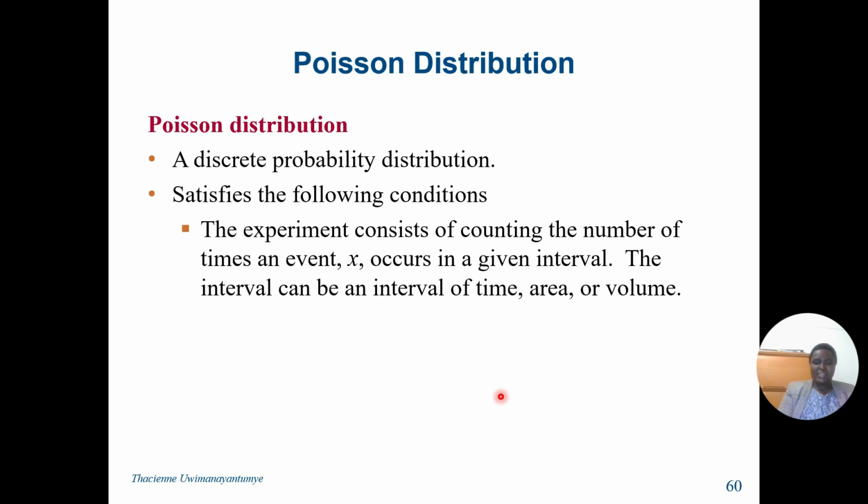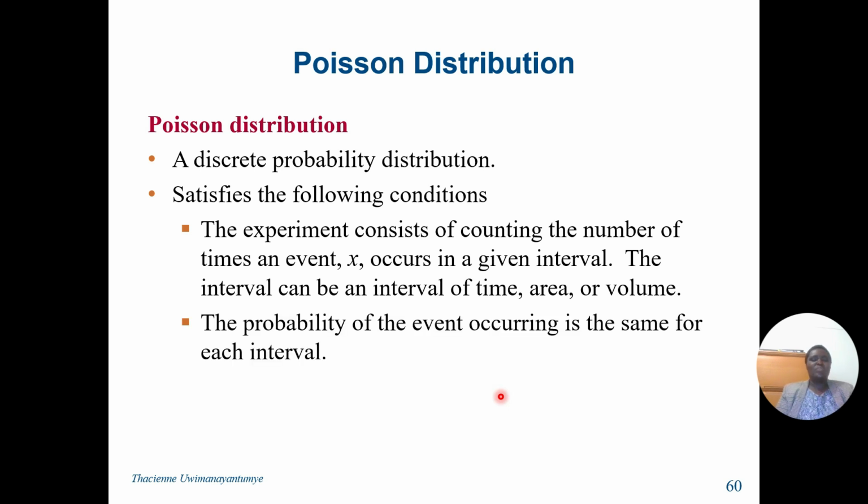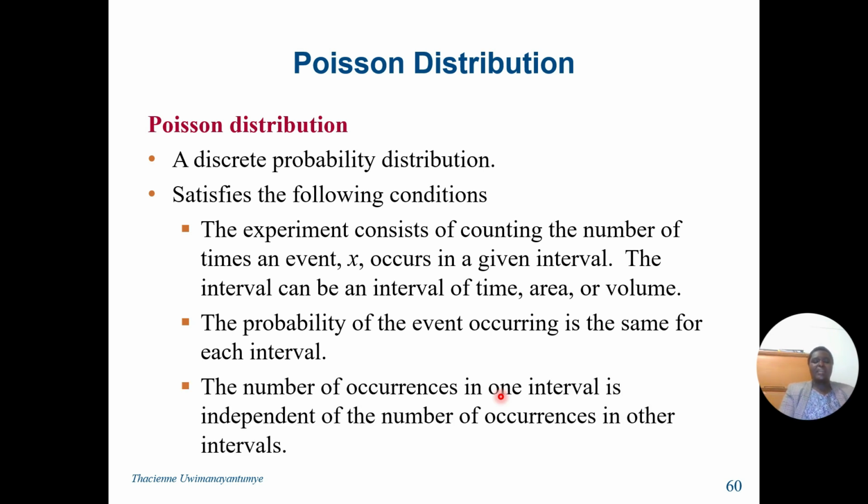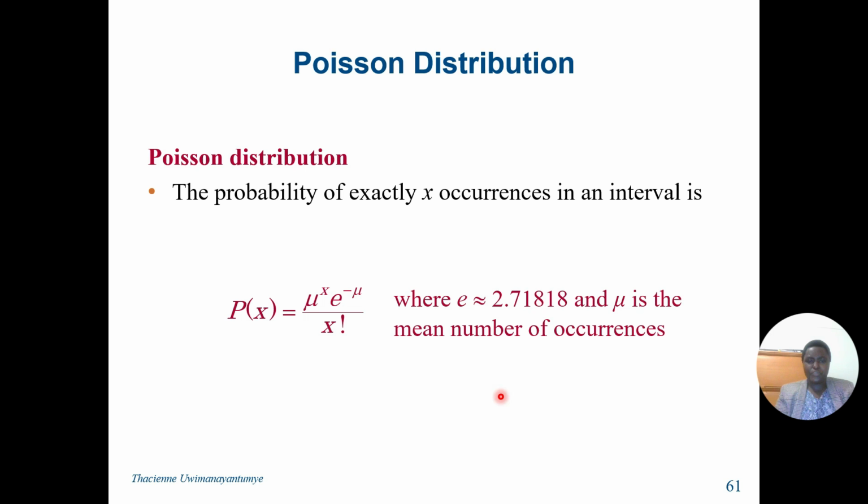So then the probability of the event occurring is the same for each interval. And again, the number of occurrences in one interval is independent of the number of occurrences in the other intervals. But before going on to the example, let's see how we express the probability of having a Poisson event.